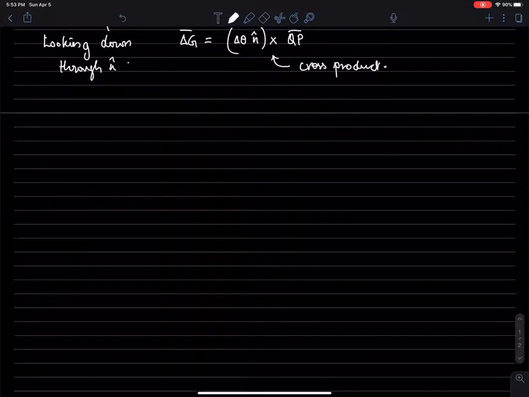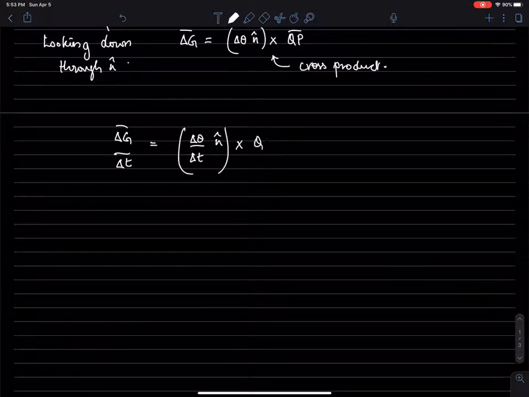And then you can divide through by delta T. So we get delta theta by delta T, N crossed with QP. QP, of course, is G. So delta theta by delta T, N crossed with G.